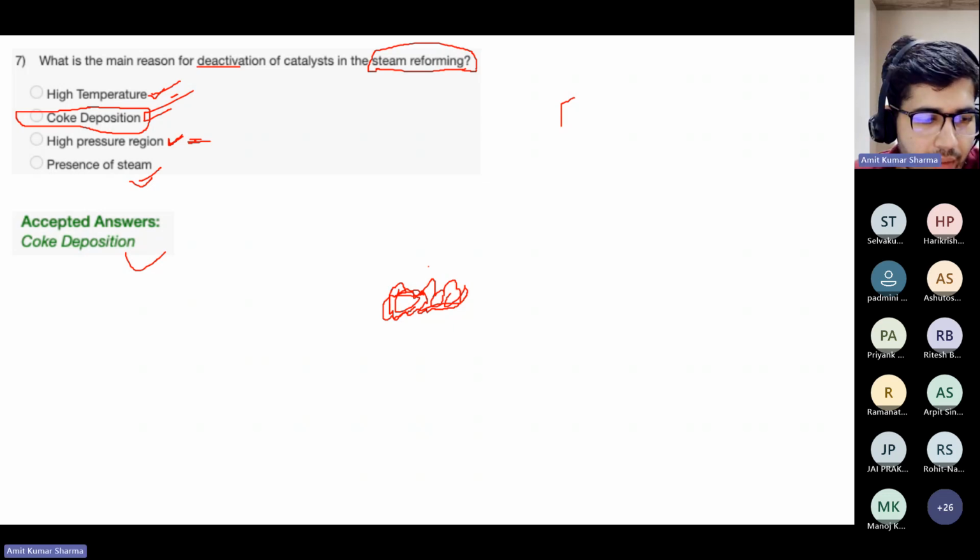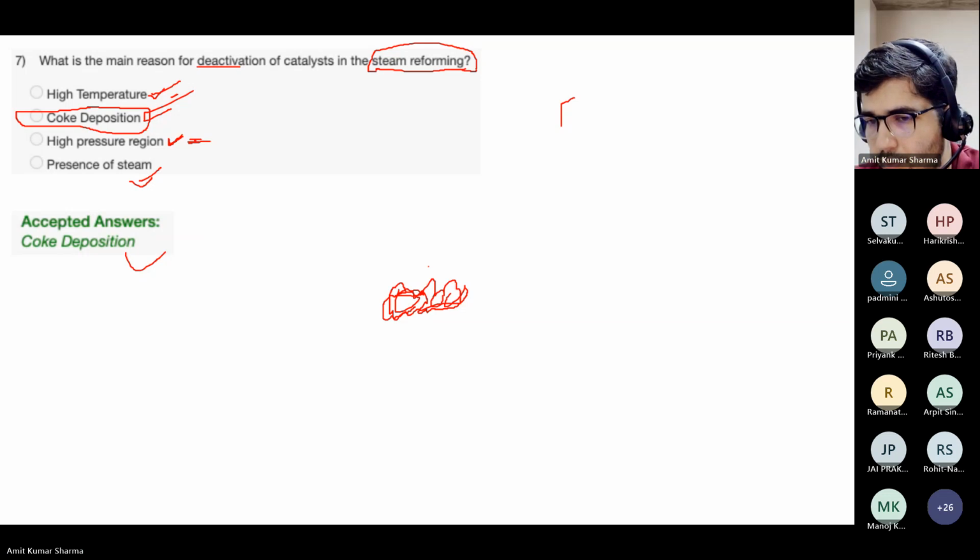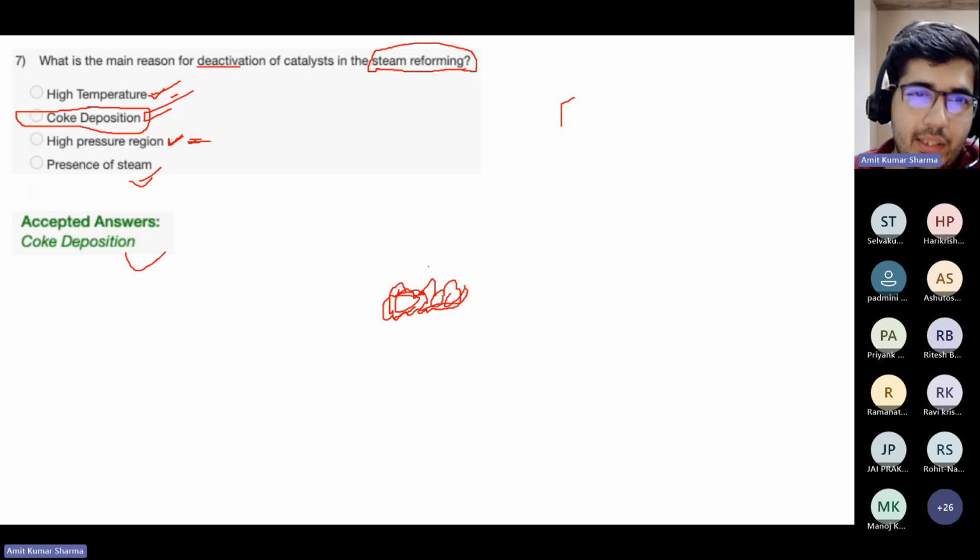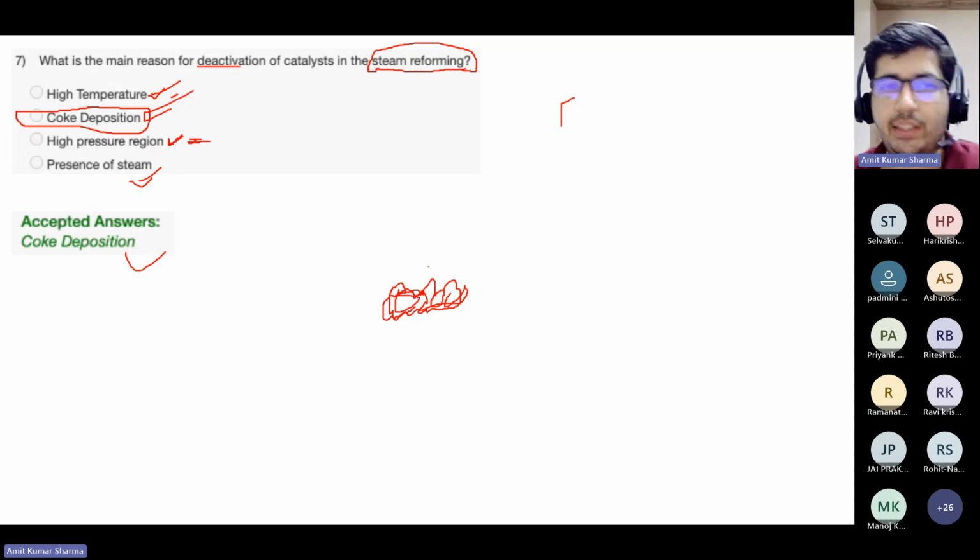Excuse me. In future classes, are you going to teach about the reaction kinetics? I think reaction kinetics is not covered in this course. In this course, we have covered hydrogen production, storage, transportation, and these things. Reaction kinetics is a separate chemical engineering course.